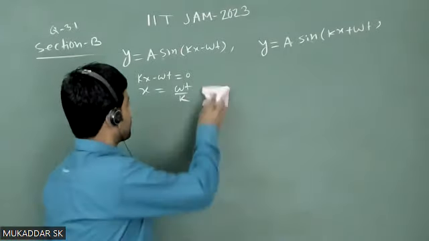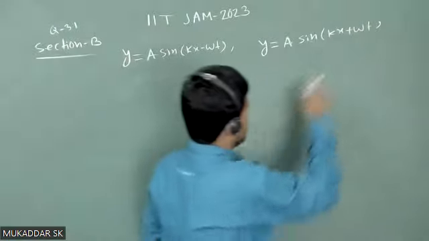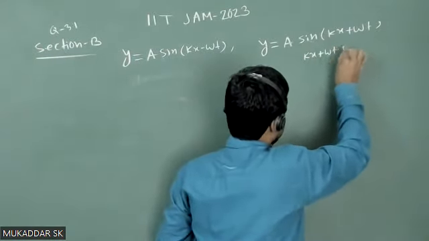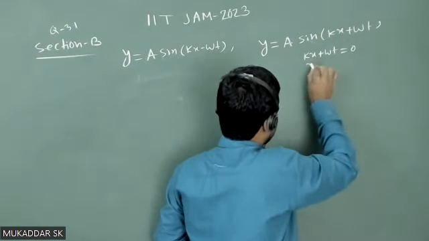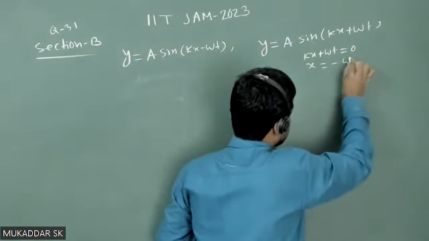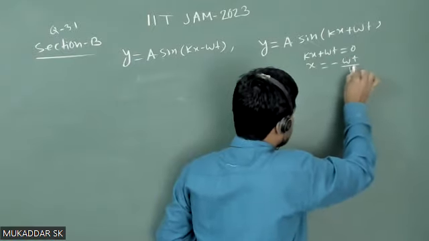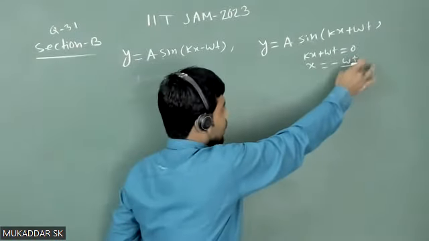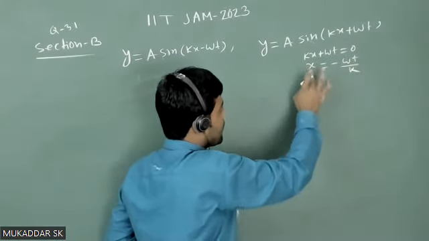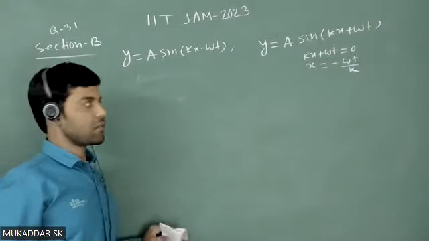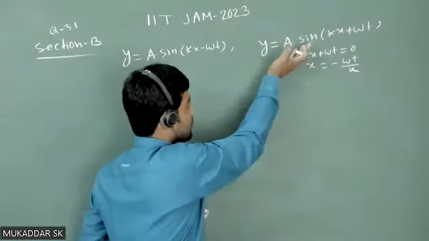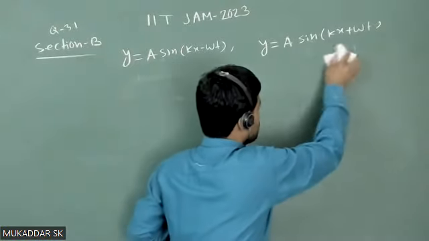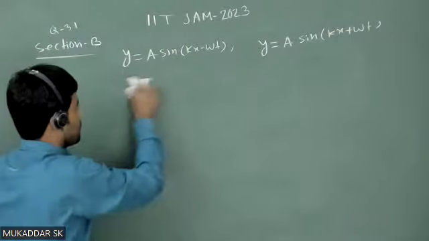But similarly, if you keep kx plus omega t equal to 0 and find the expression for x, it will be minus omega t by k. Now, with increasing time, there is a decrement of x. What does it mean? Your wave is traveling along the negative x direction. So I have taken both possibilities since they didn't mention it.